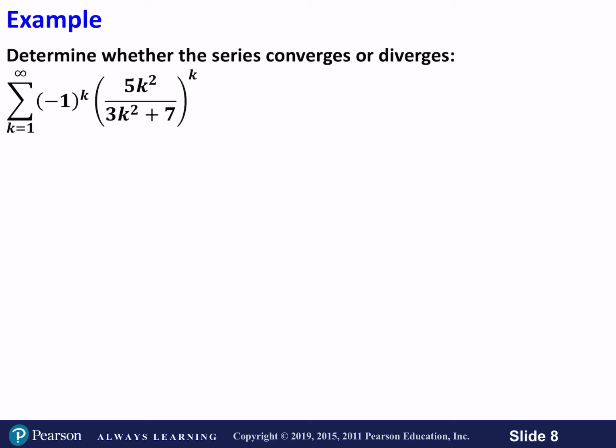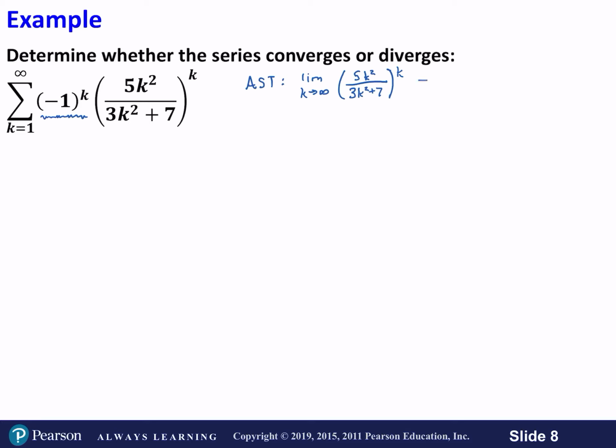All right, so one thing you might notice is that there's this negative 1 to the k power out front, and so that might give us the inclination to use the alternating series test. Unfortunately, if we were to use the alternating series test, one thing that we would have to compute is this limit. We would have to compute the limit as k goes to infinity of 5k squared over 3k squared plus 7, all raised to the k power.